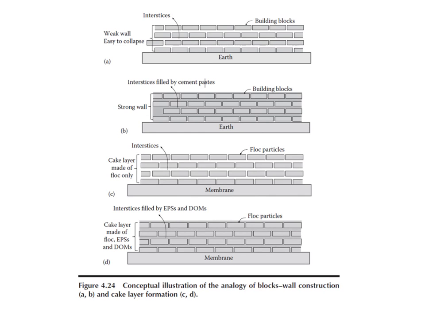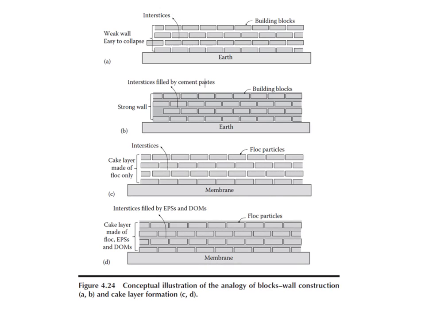So this is the figure to show how this cake formation can be altered by these dissolved organic matters. So if we have this cake layer and, in fact, if we have dissolved organic matters, these dissolved organic matters can fill the gaps between cake layers, which can reduce the porosity of the cake layer.